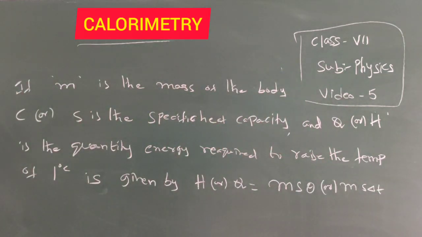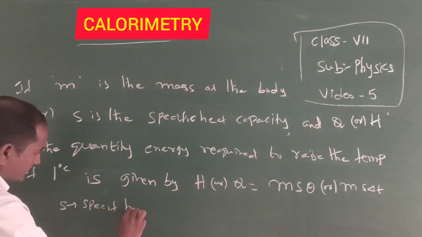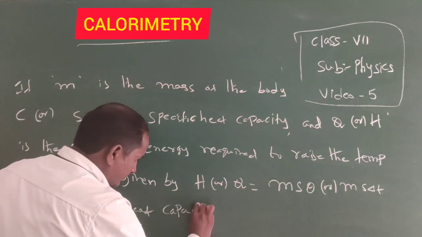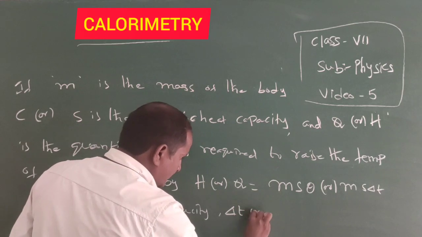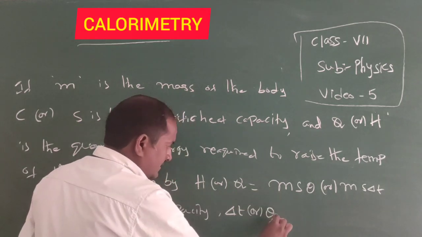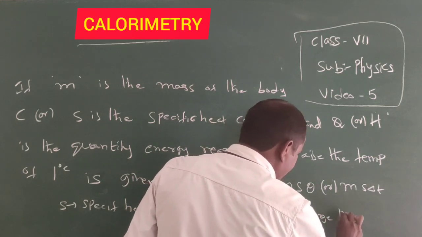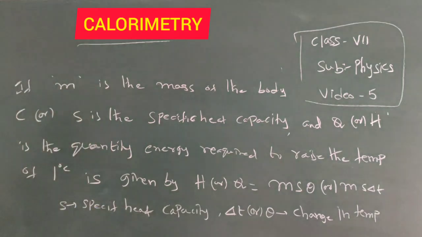Here s means specific heat capacity, delta T or theta is the change in temperature, and m is the mass.